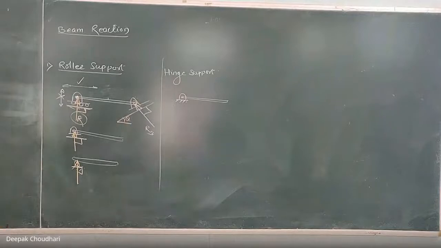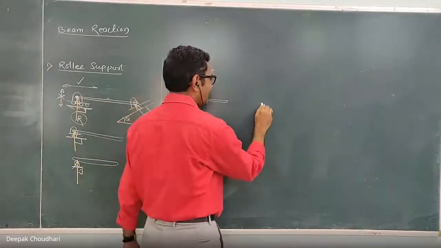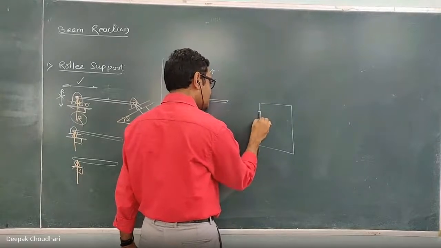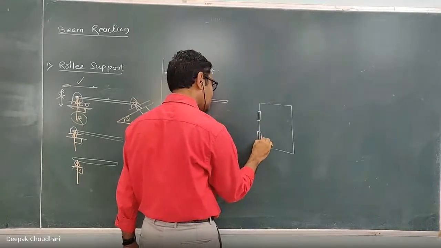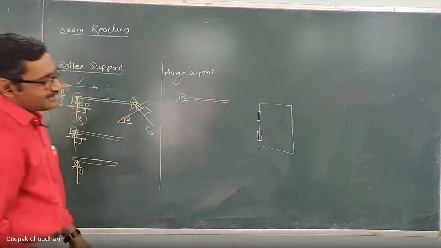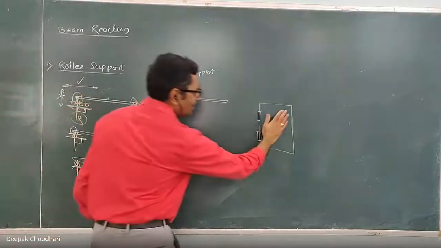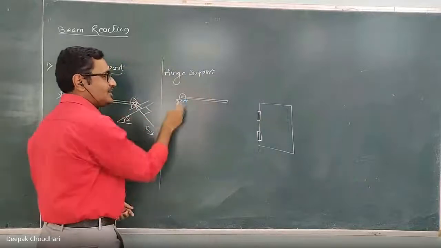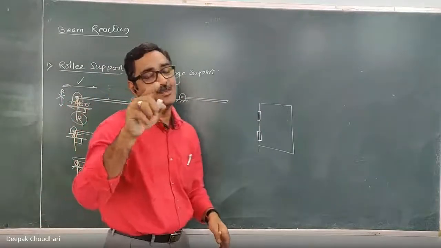At our door, the main door, there are hinges. So these hinges are nothing but a hinge support. What happens at the hinge support? At the hinge support, rotational motion is allowed. Now, since rotational motion is allowed, there won't be any reactive moment.